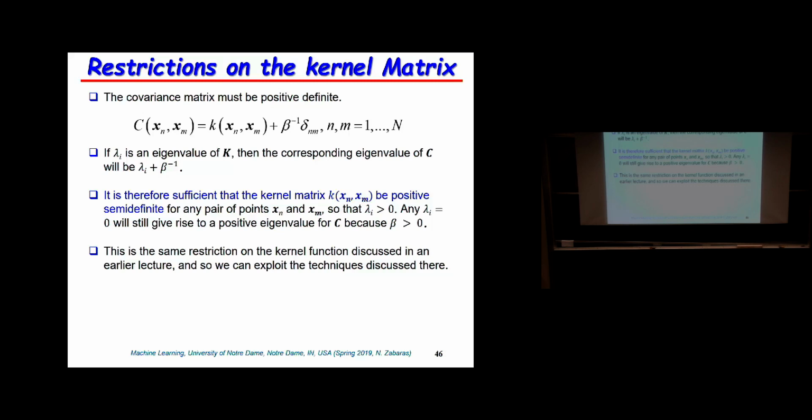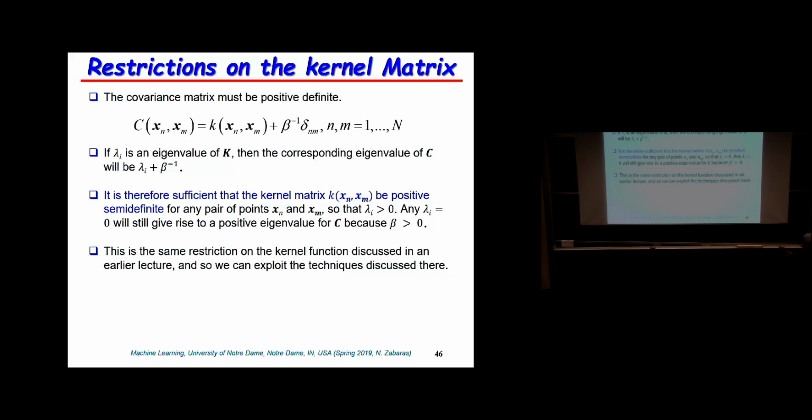I mentioned before that you will have to invert this. Remember when we talked about the prior GP, the only covariance matrix we had involved was the kernel matrix. In the posterior GP, you will notice the matrix we get is the kernel matrix plus this diagonal noise.